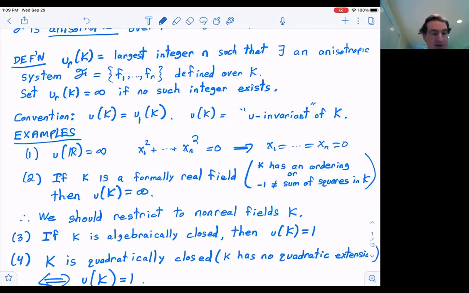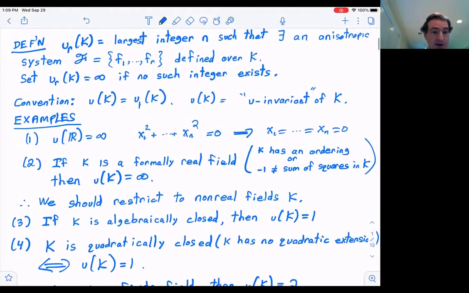All right, so starting with the easiest examples, if K is an algebraically closed field, the U invariant is 1, because it's easy to see that any quadratic form in 2 variables or more has a non-trivial 0, just because you can solve any polynomial equation over an algebraically closed field.